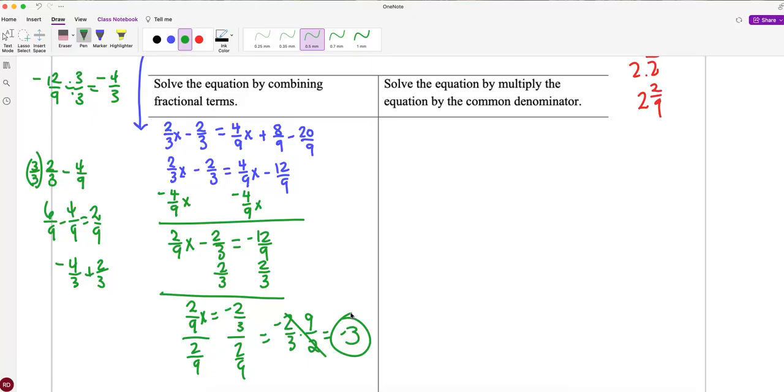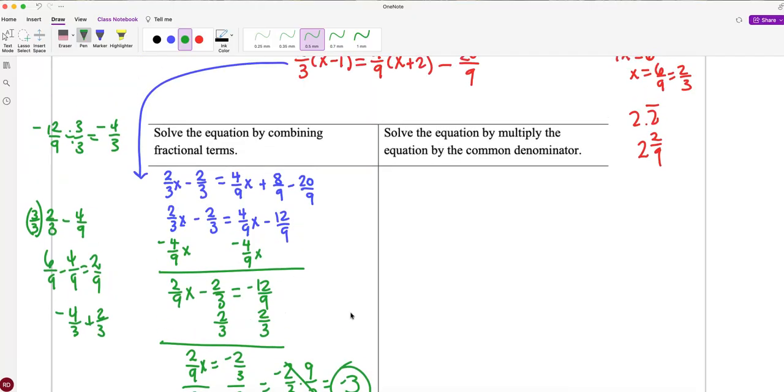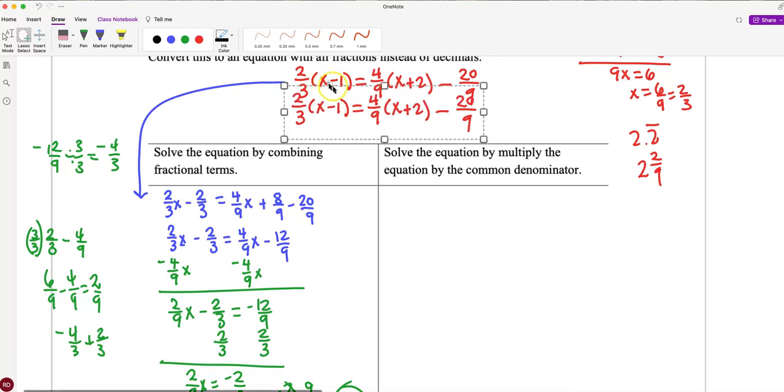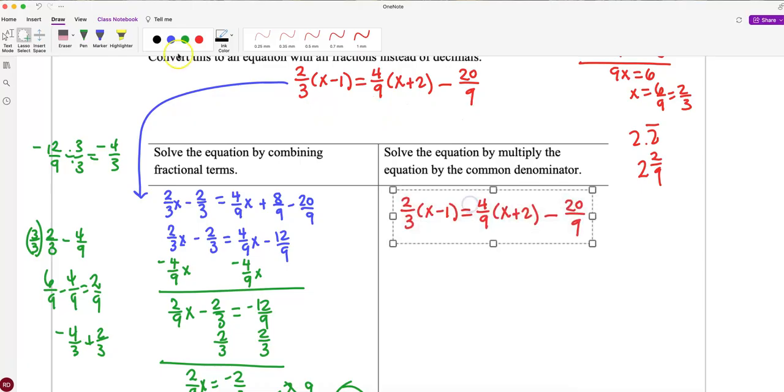Okay, that's a lot of work with fractions. Let's take the same problem and eliminate the fractions, which I think you will like better. So write down this problem. I'll get a little bit lazy, I'll just copy it down. So take that problem and let's work it. Okay.